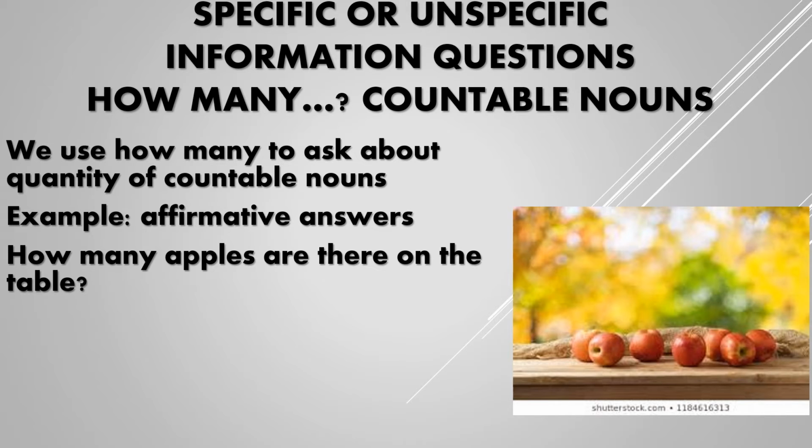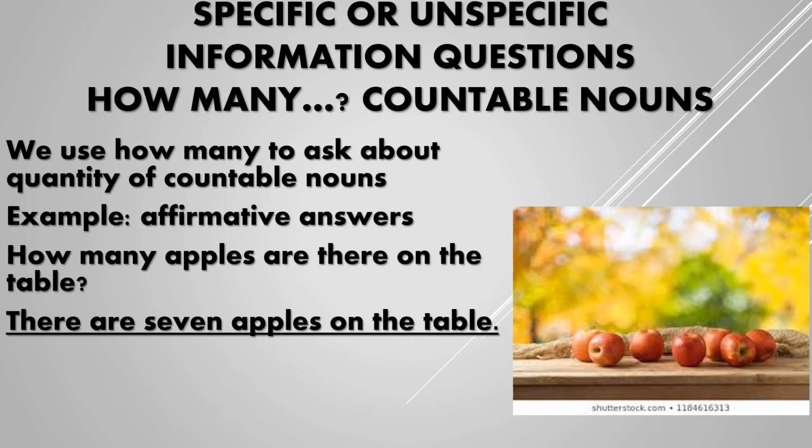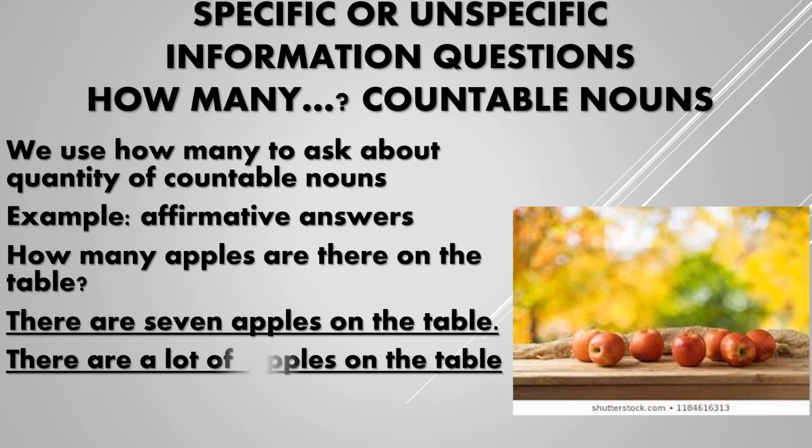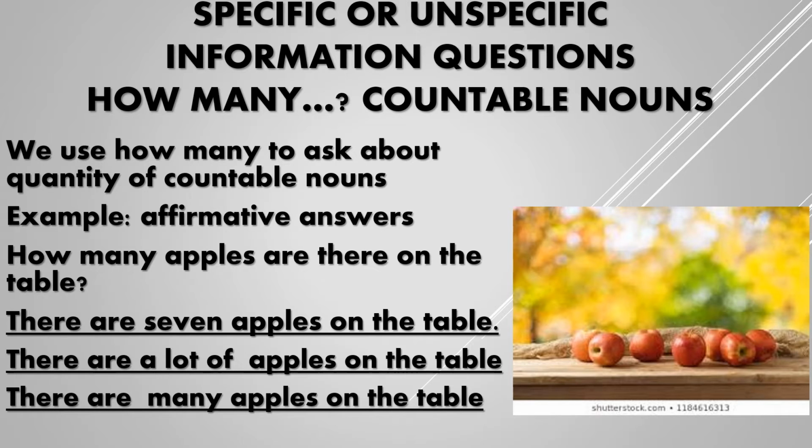We can be specific. There are 7 apples on the table. Or there are a lot of apples on the table. Or also, there are many apples on the table. The 3 answers are correct. One is specific, the other 2 are not specific.